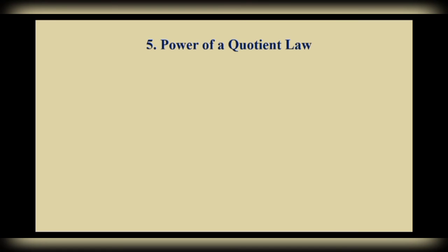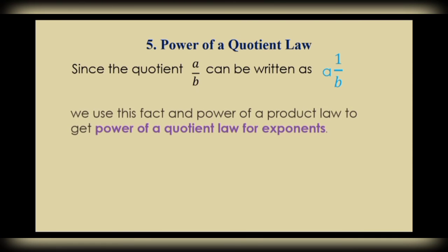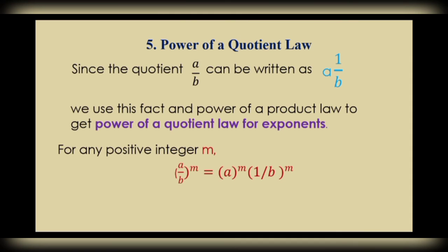Now look at the fifth law, the power of a quotient law. Since the quotient a by b can be written as a into 1 by b, we use this fact and the power of a product law to get the power of a quotient law for exponents. For any positive integer m, a by b whole to the power of m is equal to a to the power of m divided by b to the power of m, where b is not equal to 0.